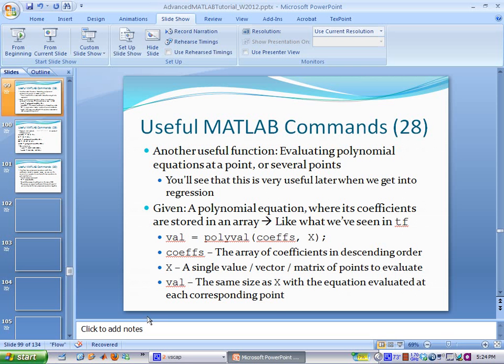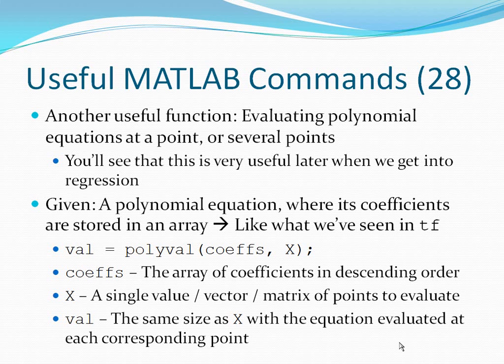Given a polynomial equation where its coefficients are stored in an array, the way the coefficients are stored is very much like what you've seen in the TF format. You store the coefficients in descending order into an array called coefs, and then you specify the points that you want to evaluate the polynomial at in the second parameter, and it gives you the evaluated points at each corresponding location.